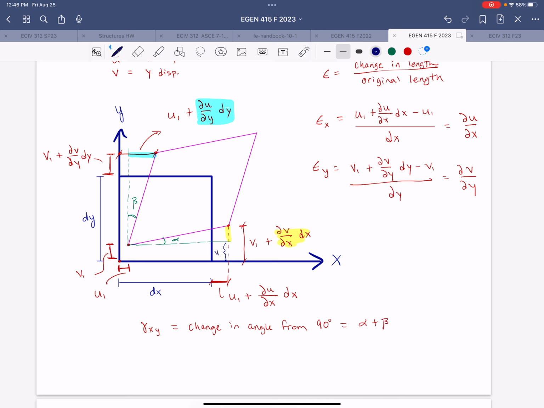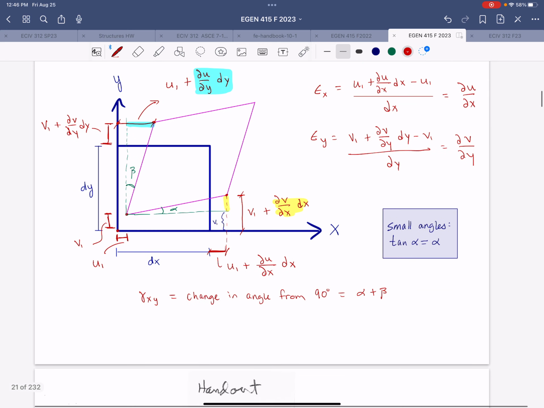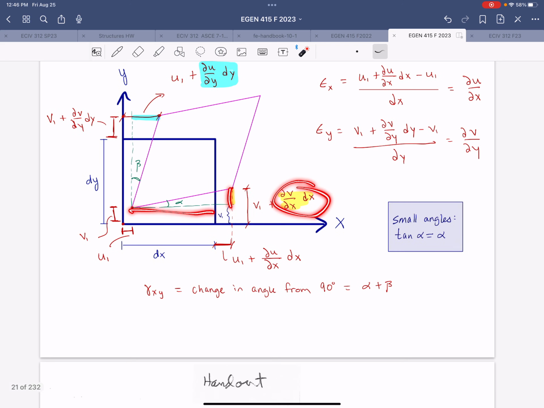And for small angles, we're going to apply the small angle theory. The tangent of an angle is approximated as being equal to the angle. So following that approach, for alpha, here is going to be our tangent of the angle. This term divided by dx.